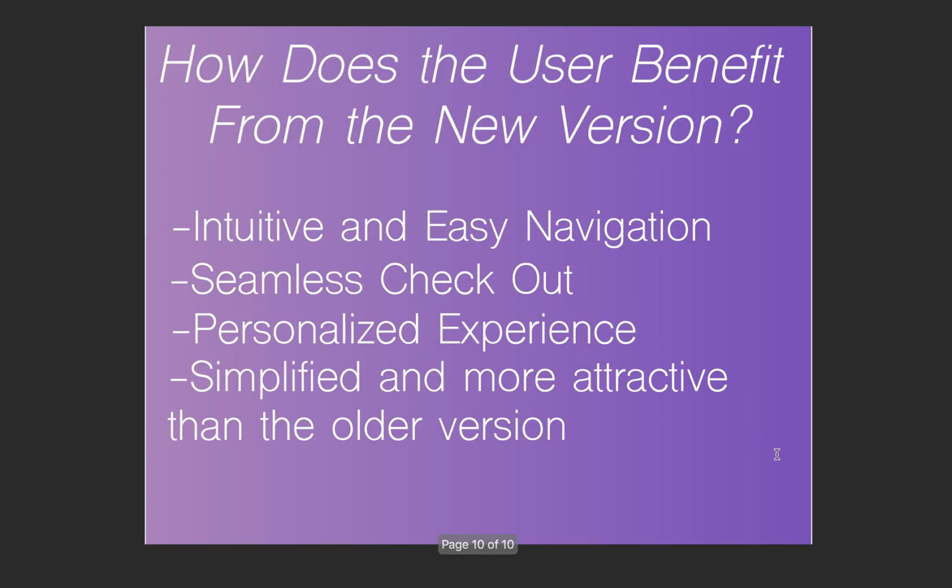All right, so how does the user benefit from the new version? So it's intuitive and there's easy navigation. It's a seamless checkout, but in this case, since we're looking for jobs, it's going to save your information so that you can continuously apply for jobs instead of sending multiple emails or typing in the same information over and over again, like if someone was on Indeed, that's kind of what you would do.